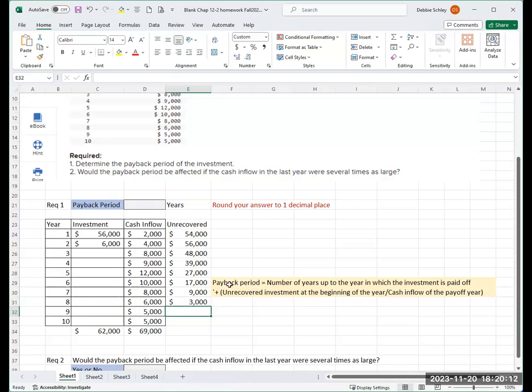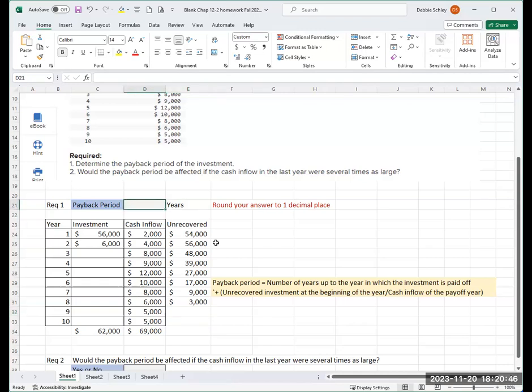And so the definition of payback period equals the number of years up to the year in which the investment is paid off plus the unrecovered investment at the beginning of the year divided by the cash inflow of the payoff year, right? So for mine, the year before is 8. So I'm going to do 8 plus 3,000 divided by 5,000 because that's my inflow for the year I'm going to pay it off.